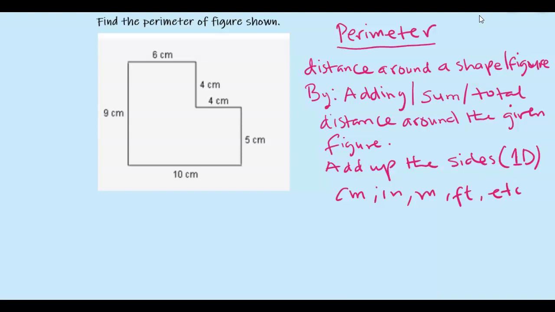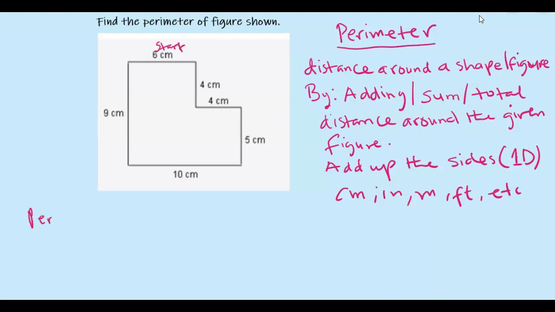Okay, let's look at this example. We are finding the perimeter. We are adding up the area around. So we're going to start from here. You can start from any point. So we're starting from here.